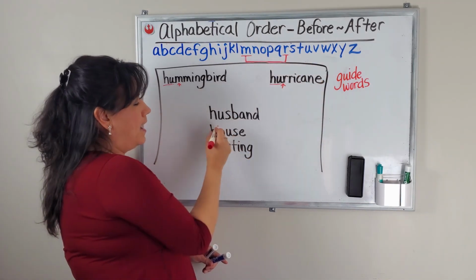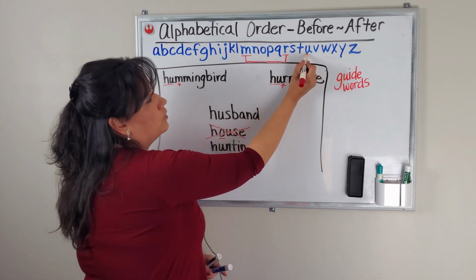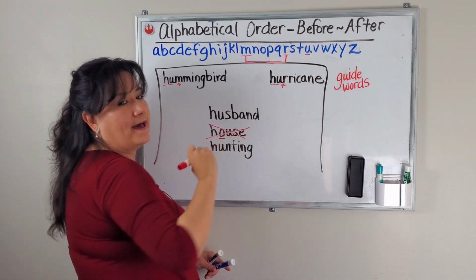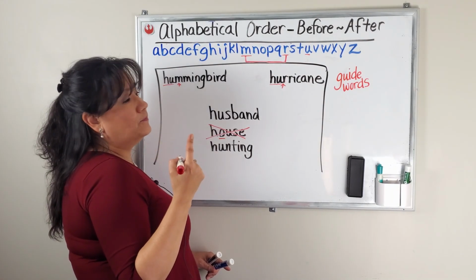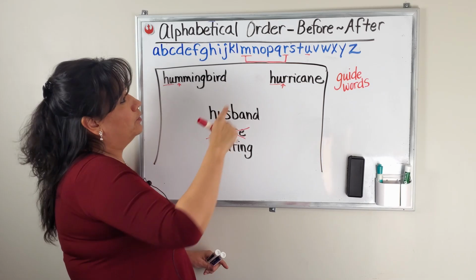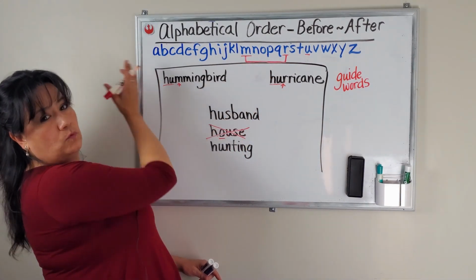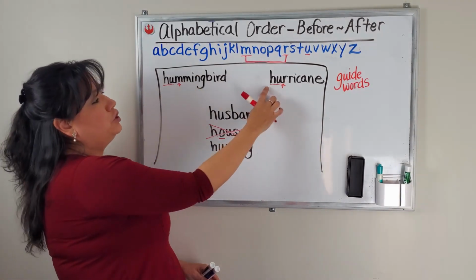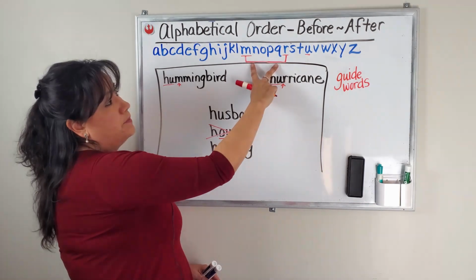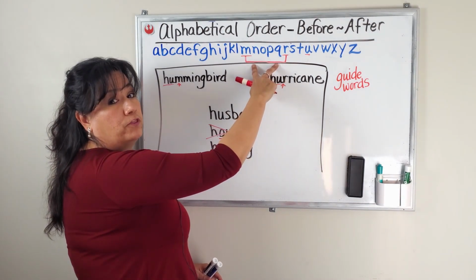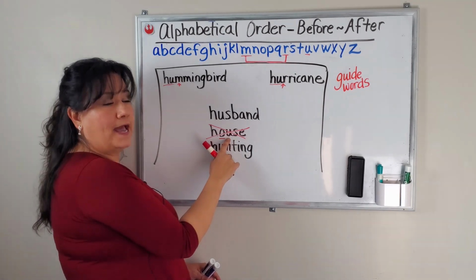So we would not find this at all on this page because right now we're only looking at words that have the second letter U. So when we look at where the O is, it would be way before. So the word house would be found way before all these H-U words, okay? So that's if we looked at the second letter. Remember, this is the bracket that we're looking at for the third letter. So we can cross out the word house.